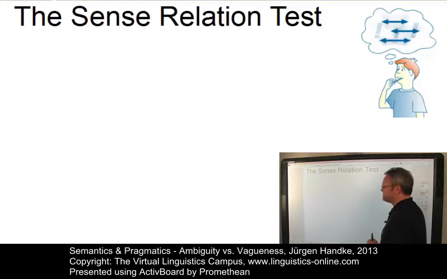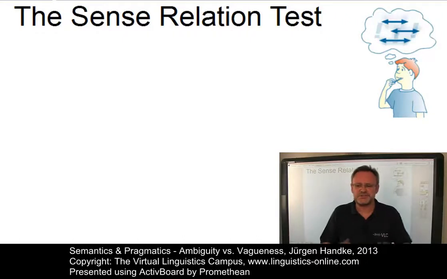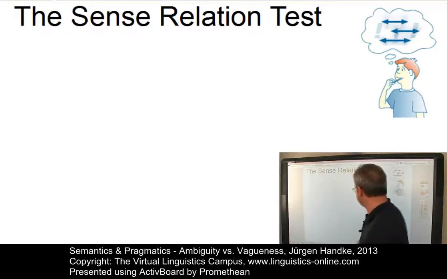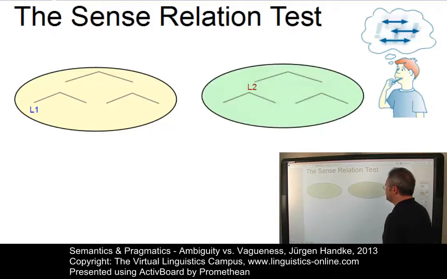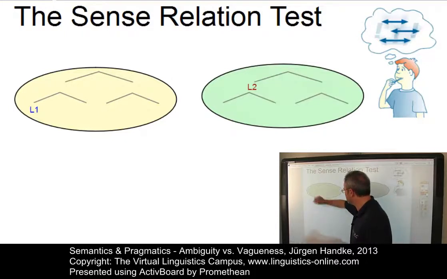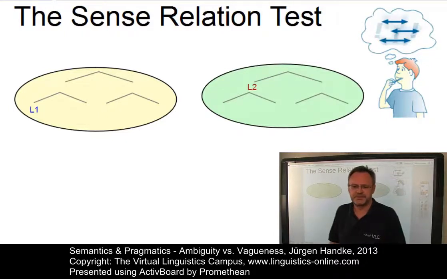The sense relation test exploits the network of sense relations connecting the lexical items of a language. Two meanings, that is, two lexemes. Here the lexeme 1 and the lexeme 2, illustrated by L1 and L2.